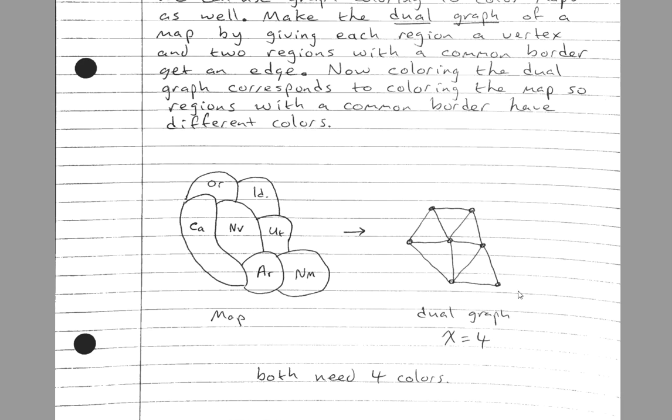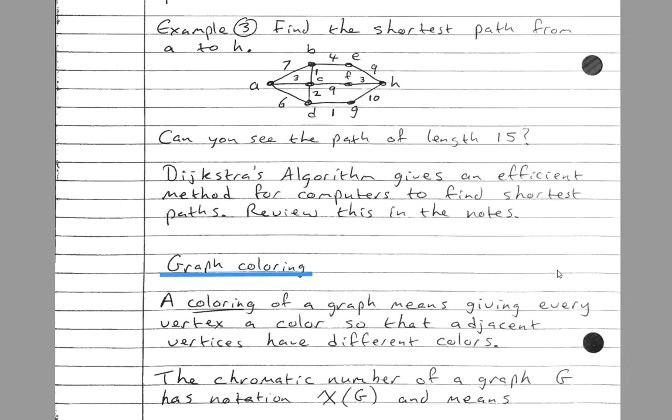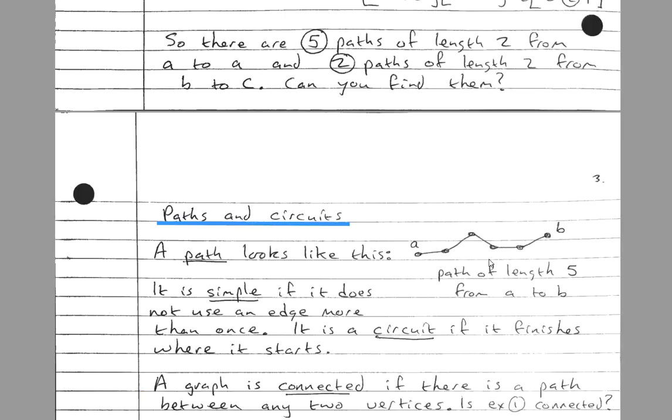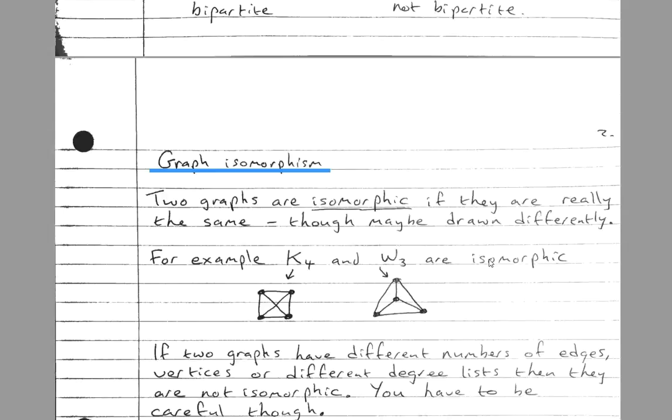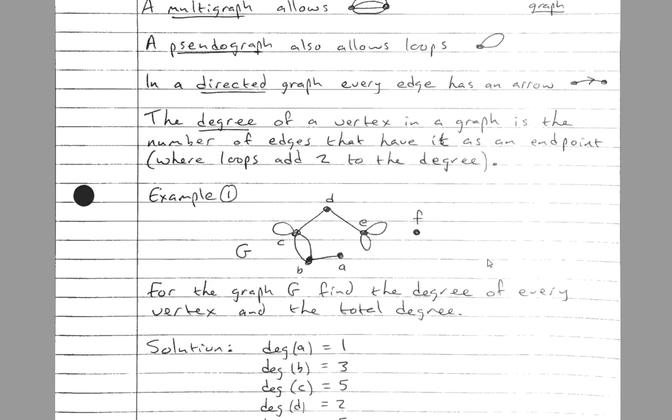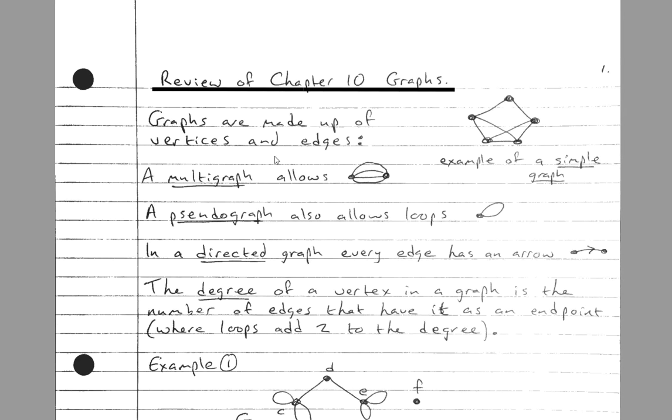So coloring graphs is just putting in colors, putting in numbers, and trying to make sure that every edge is connecting 2 different colors, 2 different numbers. All right, so that's a quick review of everything in Chapter 10. You can go back to the notes on each section to look in more detail.